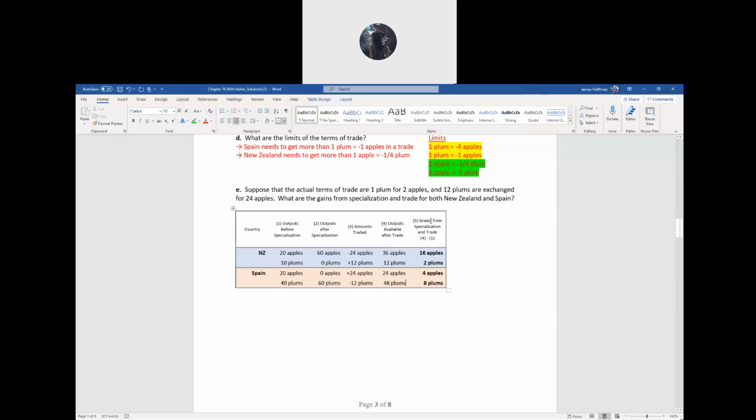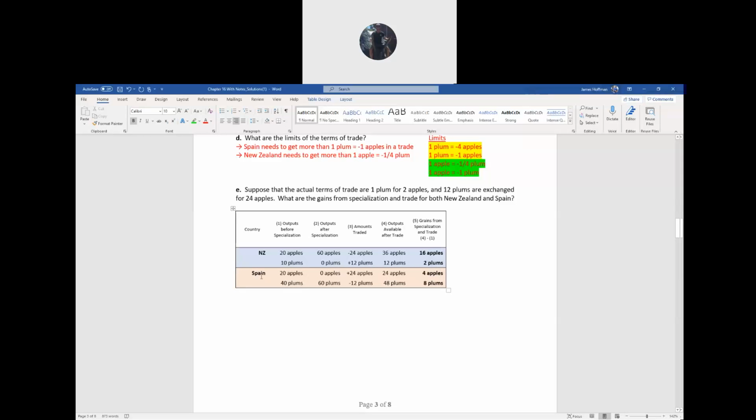And the point here in number 5, which is essentially column 4 minus column 1, what they started with, is what's the gain. So now we have 36 apples for New Zealand. They started with 20, so that's a plus 16. We have 12 plums now for New Zealand. They started with 10, so that's a plus 2 plums.